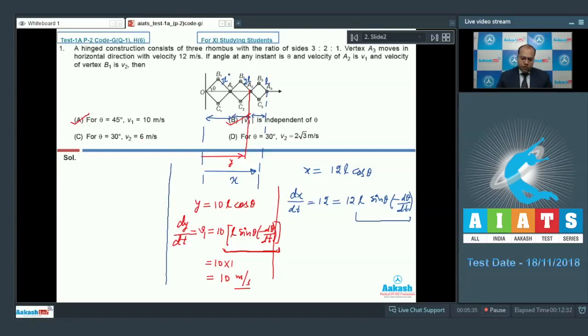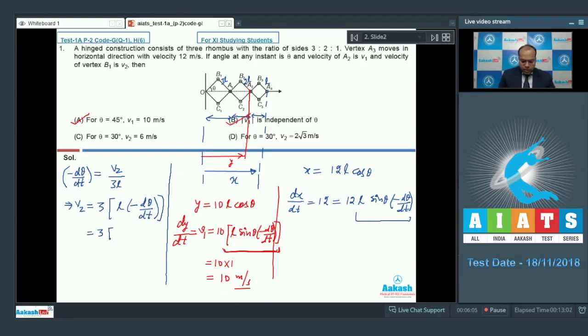If v2 is the velocity of vertex b1, then minus d theta by dt, that is omega, is equal to v2, that is the perpendicular velocity, divided by length, that is 3L. So from here v2 comes out to be 3 into L into minus d theta by dt, and the value of L into minus d theta by dt is 1 upon sin theta.